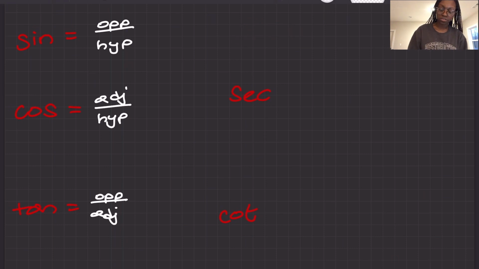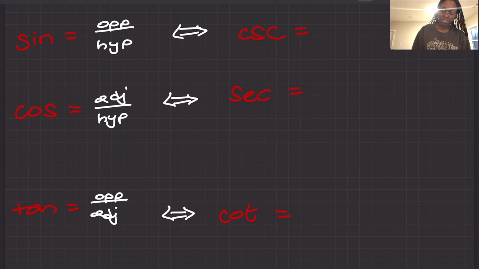There's a way to write cosecant that I was writing incorrectly before. There we go. You have the cosecant, the secant, and the cotangent. And these are the opposites, by the way, of the original identities. So like I said, cosecant is opposite to sine, secant is opposite to cosine, cotangent is opposite to tangent.